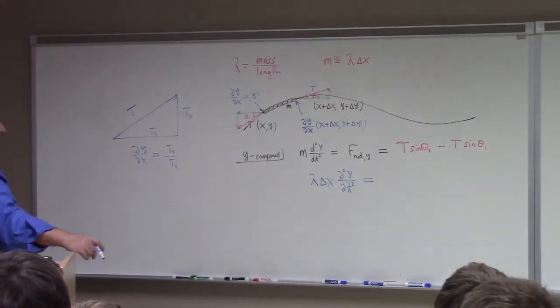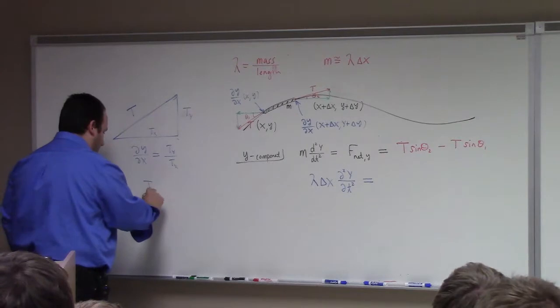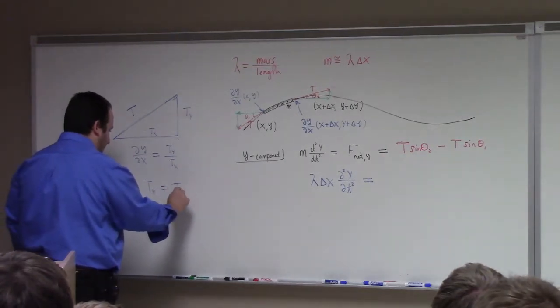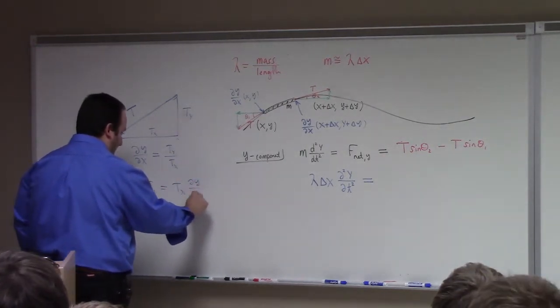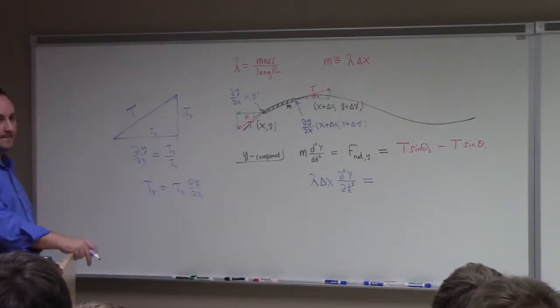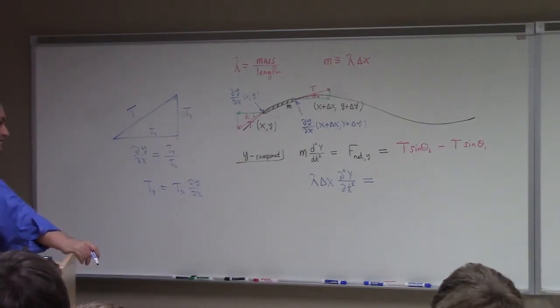Now, in other words, ty is equal to tx times partial y, partial x, right? But I'm going to cheat a little bit. As long as the slope is relatively small, tx is essentially just t.